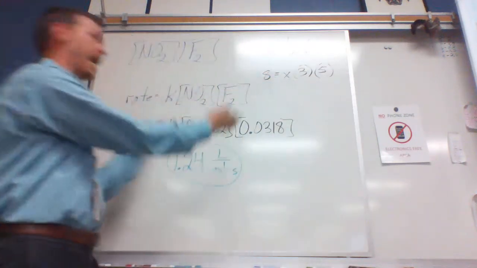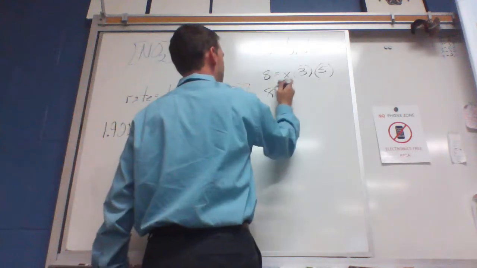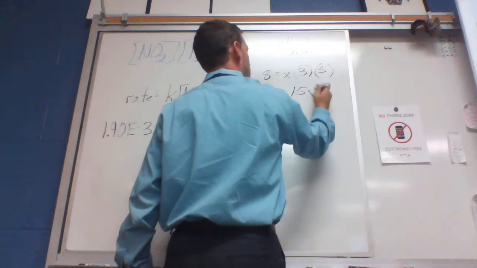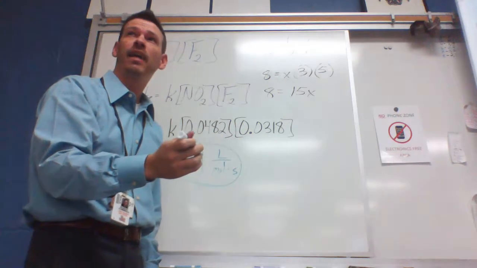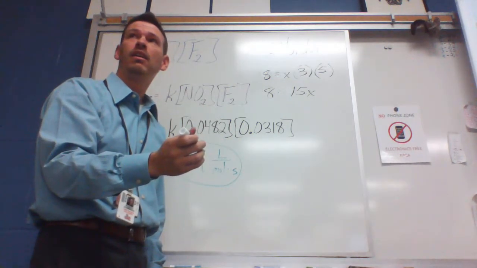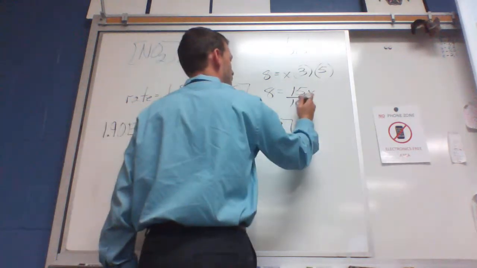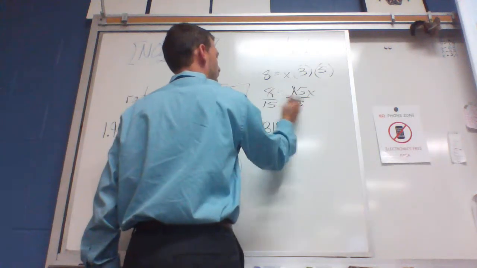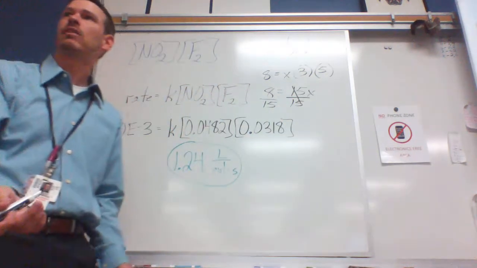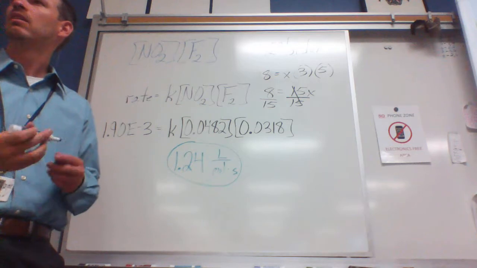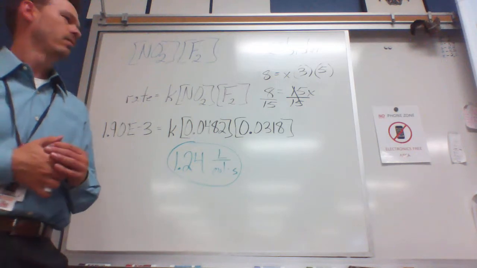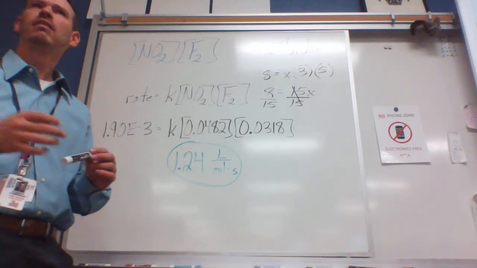All right? It's the exact same thing, right? So this would have been 8 equals 15x. Do you agree? Do you see how I got that? By simplifying, and then divide by the number connected to the x. In this case, it's a k, not an x, but that's the process. Did that make sense? Yes, sir.